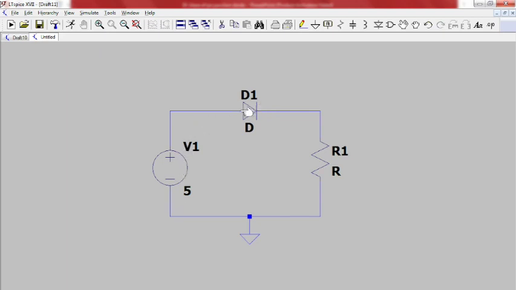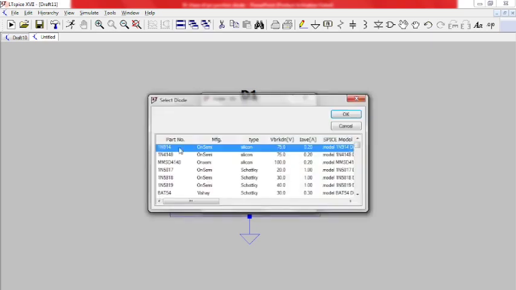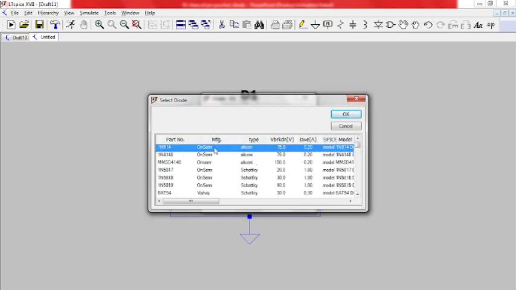Similarly, which type of diode do we want? Bring the cursor over the diode. The hand symbol will come. Right click on the mouse. Pick New Diode. These are all the different types of diodes available in this space. You can take any diode, 1N914, 1N4148.